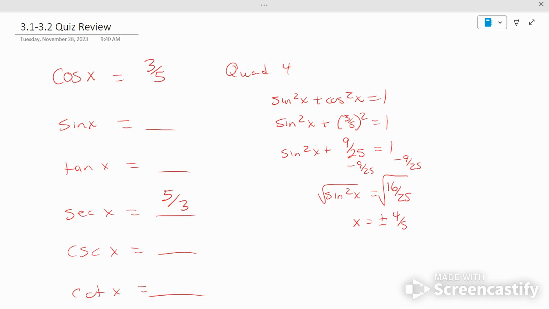Positive 4/5 or negative 4/5? Negative 4/5. What's the next one to find? Cosecant is negative 5/4.